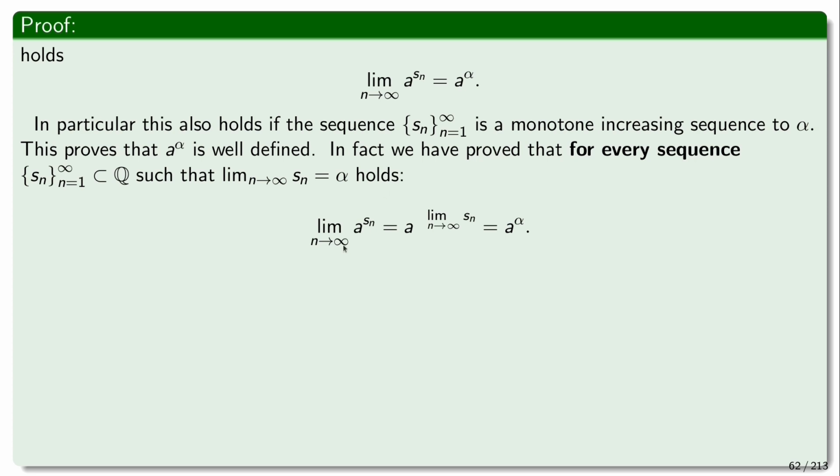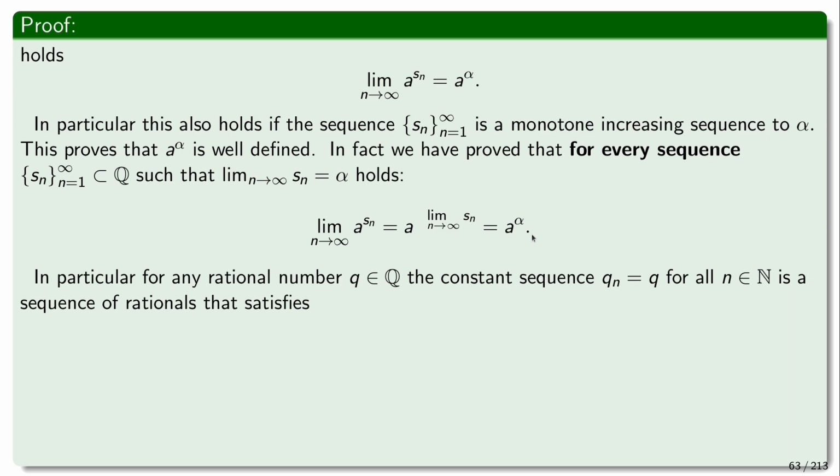What we have proven is that it's nice that we can push the limit inwards. If you think of the exponential function, you can just push the limit inwards. It looks really beautiful: you can switch the limit and the exponent, and flip between them.